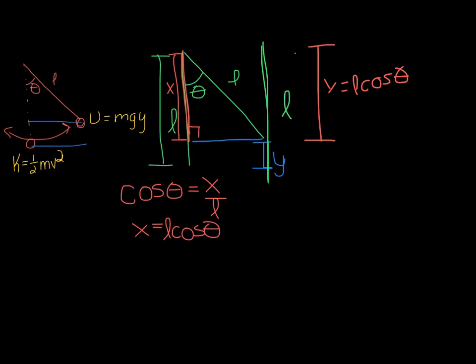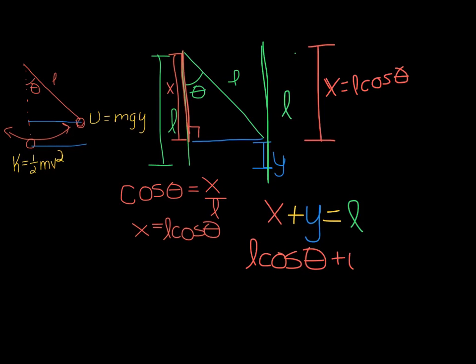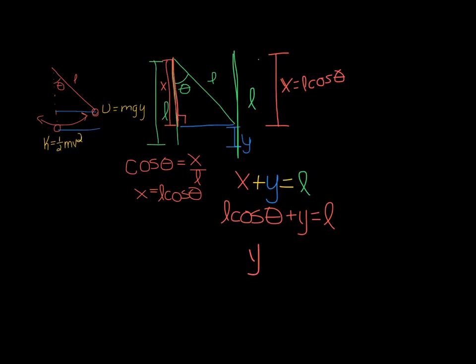So I could say that x term plus my y term equals that term I called L. I could substitute and say L cosine theta plus y equals L, or y equals L minus L cosine theta.